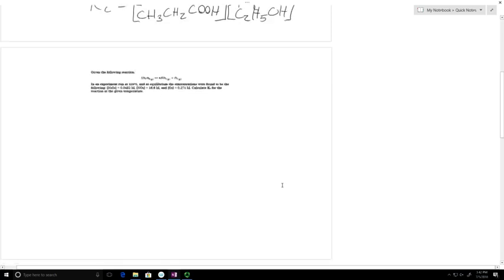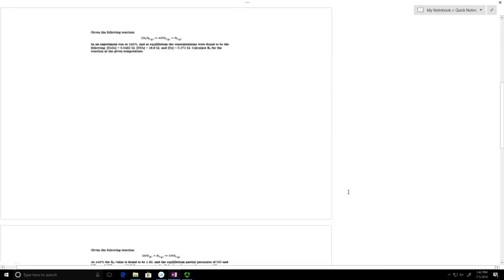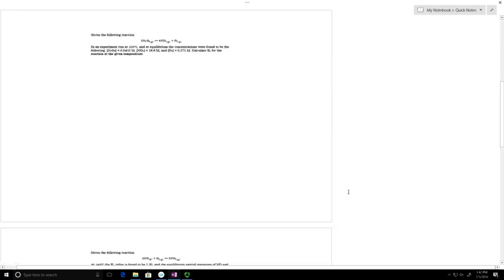So going to the next problem, we're given a reaction and we're told what temperature the experiment runs at, and we're also told what the concentration of the various species are at equilibrium. And we want to calculate what Kc is at that temperature.